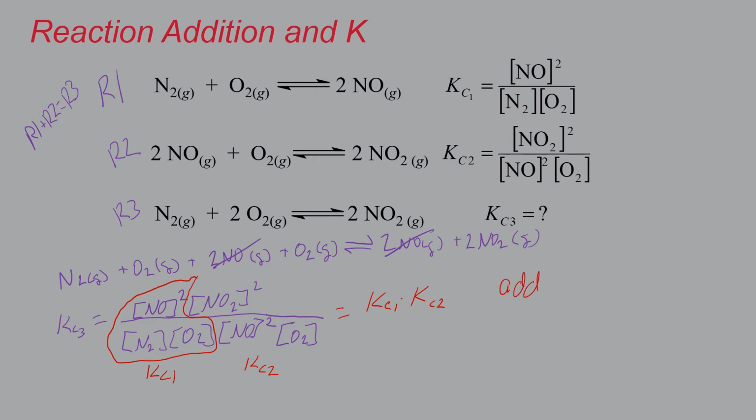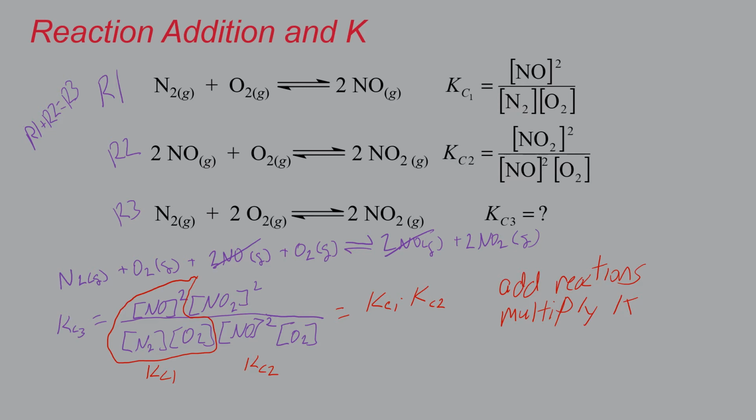So the rule here is: if you add reactions, you're going to multiply the equilibrium constants.